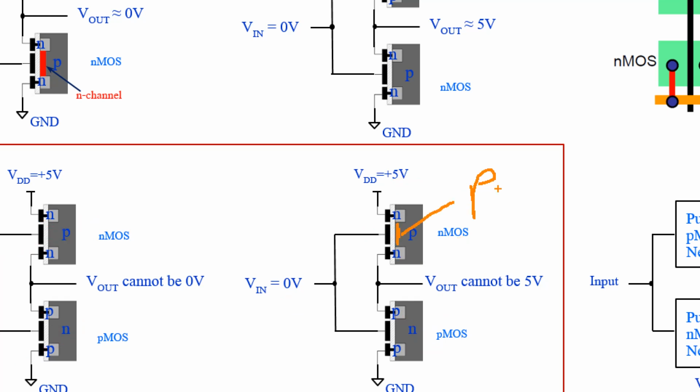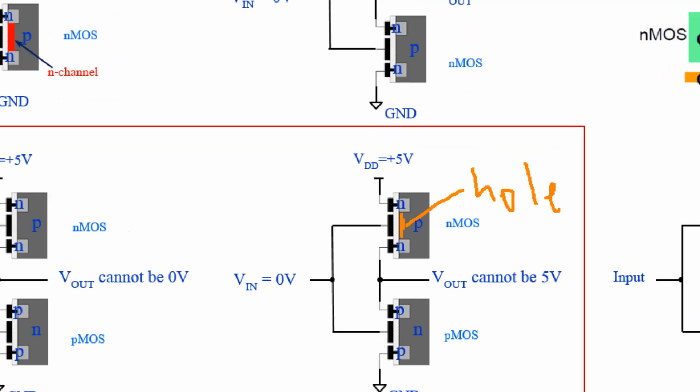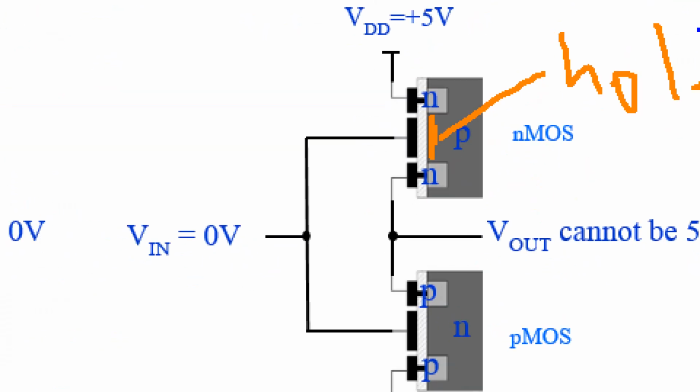A hole has positive charge, so this area becomes p-type material, with a lot of holes.